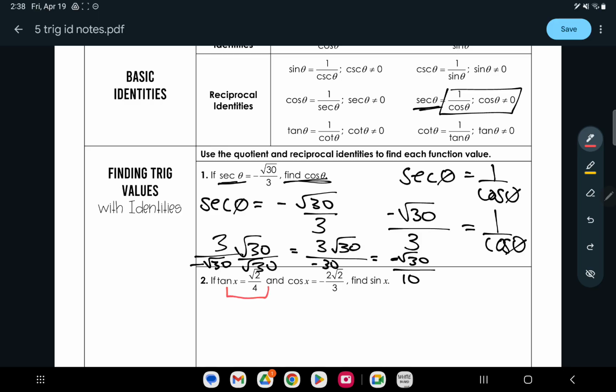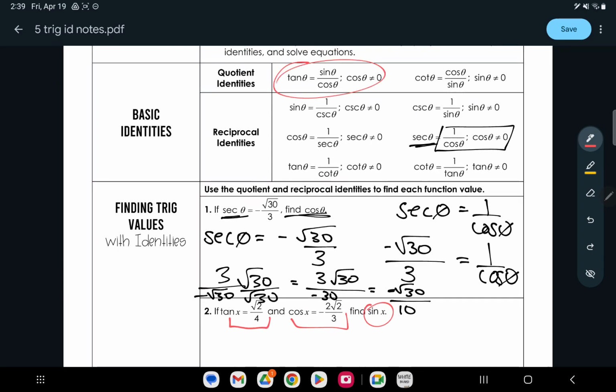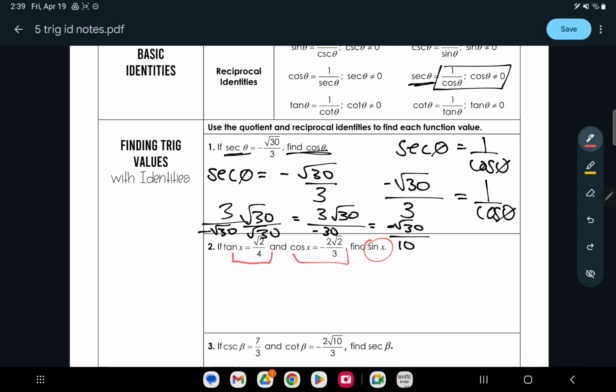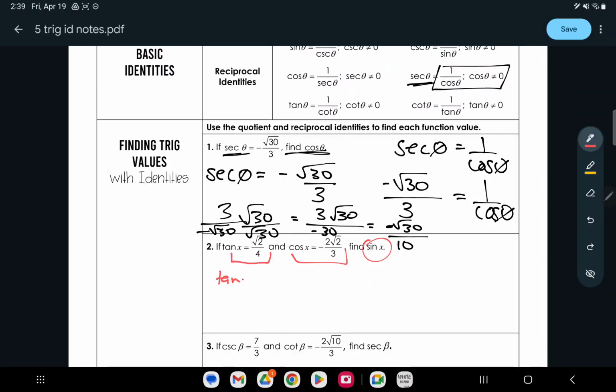So tangent and cosine, find sine. So I will use this right here. Tangent equals sine over cosine. We want to find sine, so how about we just multiply both sides by cosine. And then I know those two and I can just multiply them.